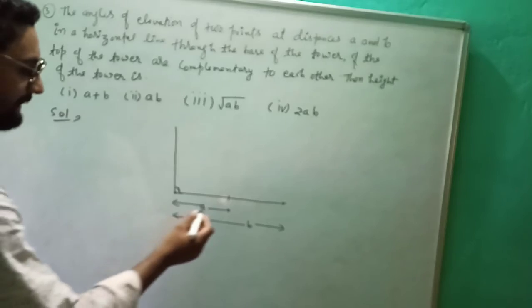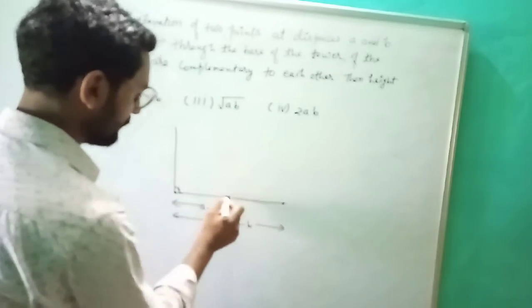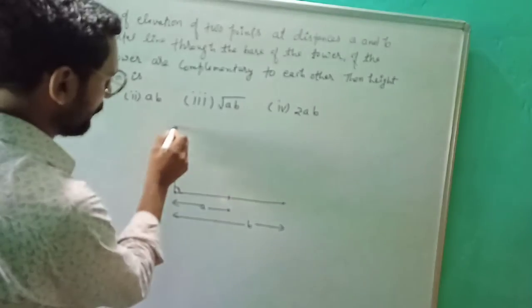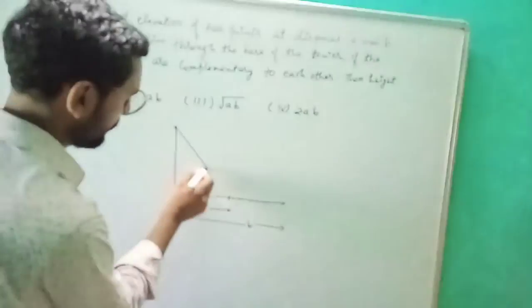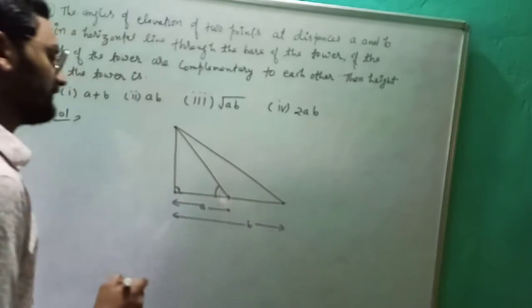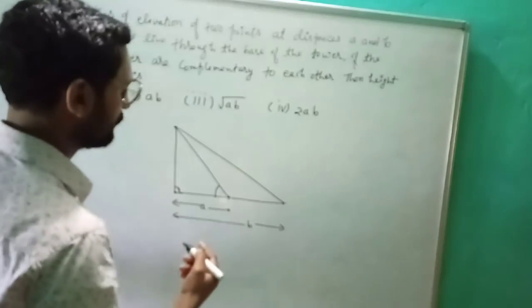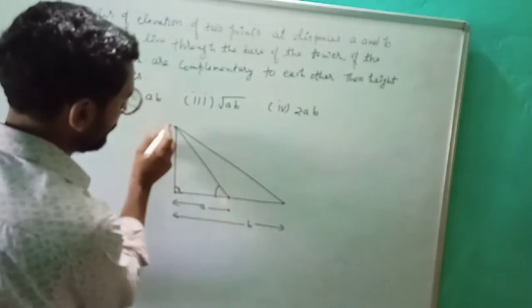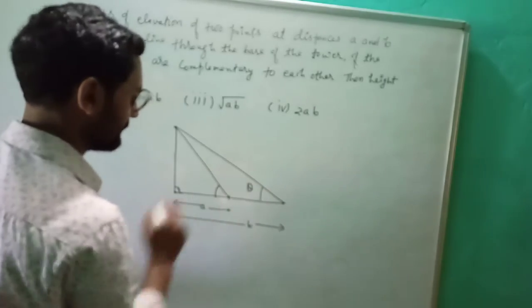It is given that the angles of elevation of the top of the tower from these 2 points on this horizontal line are complementary. Complementary means 2 angles are said to be complementary if the sum of the 2 angles is 90 degrees. So if I am observing the top from this point, suppose this angle is theta.